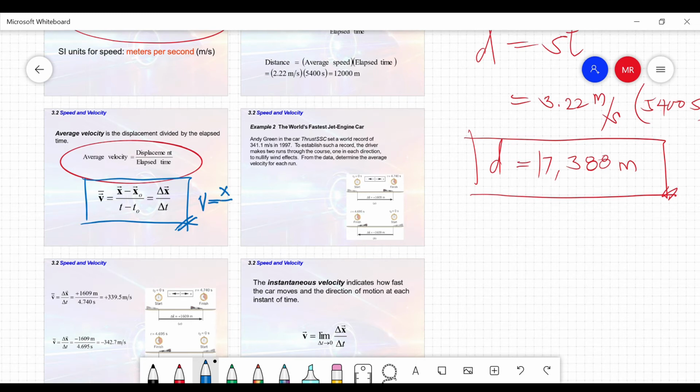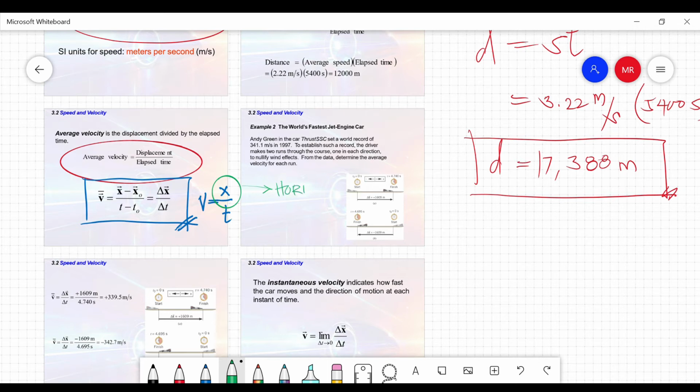Kapag ang ibinigay sa problem ay yung magnitude na ng change. Okay? Para mas madali din ang ating convention pag-determine ng direction ng motion, itong x ginagamit natin kapag ang object ay moving horizontally.